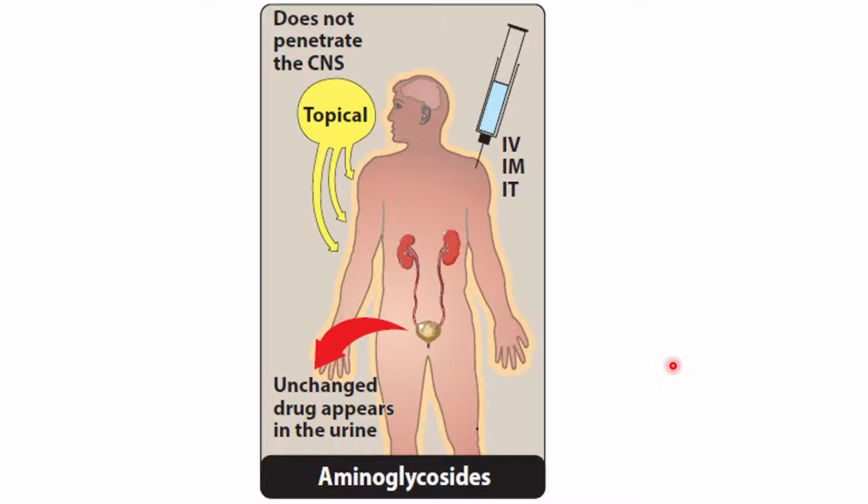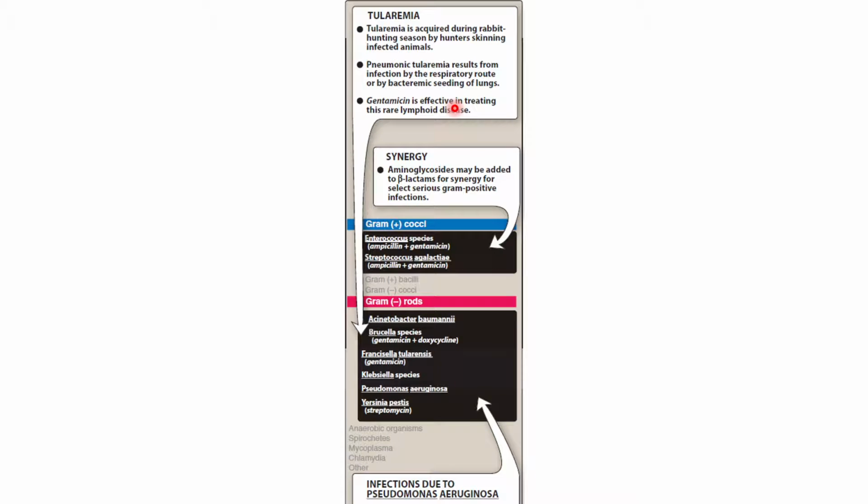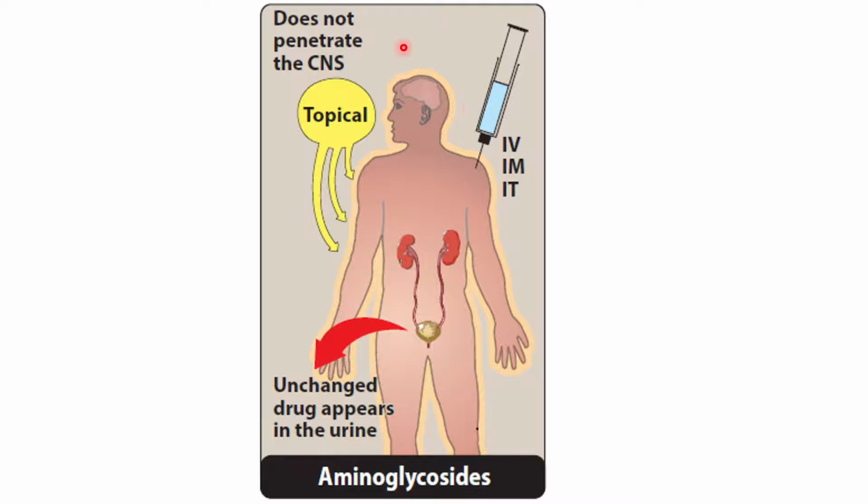So aminoglycosides are only used parenterally, so there are no oral drugs, and they can be injected intravenously, intramuscularly, and intrathecally in the brain because they don't penetrate the central nervous system. If there is a disease in the central nervous system, for example meningitis, it should be treated with intrathecal administration.